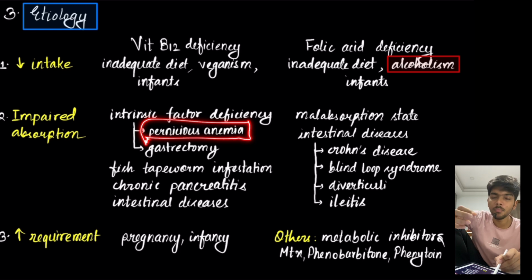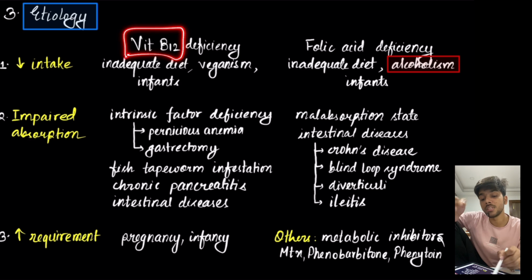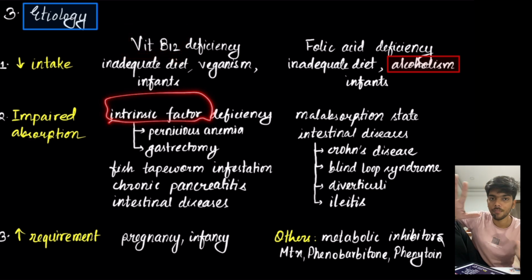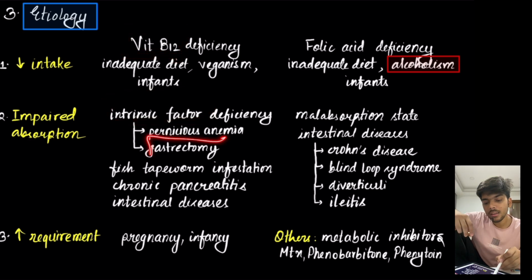Pernicious anemia is nothing but a type of megaloblastic anemia occurring due to vitamin B12 deficiency due to deficiency of intrinsic factor. Simple. Second, gastrectomy. If you remove the stomach itself, along with the stomach gets removed the parietal cells. As a result, intrinsic factor will not be produced. There will be no intrinsic factor. Vitamin B12 will not be absorbed.